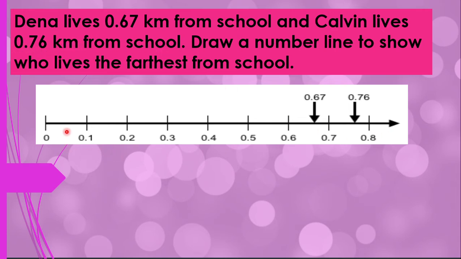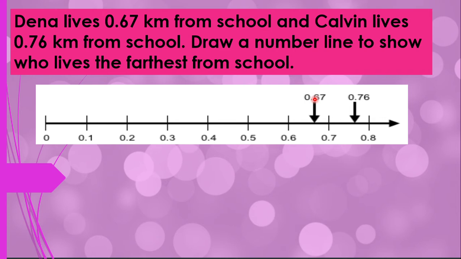So we will make 0 and it's 0.6 and this is 0.7. So it is going from 0.6 to 0.8. You cannot stop at 0.7 because this is more than 0.7, right? So 0.6 to 0.8. So let's take 0.67. It comes between 0.6 and 0.7. So we mark it over here.